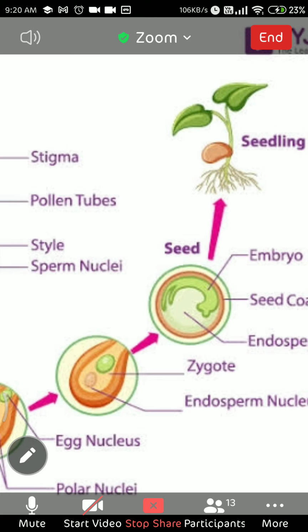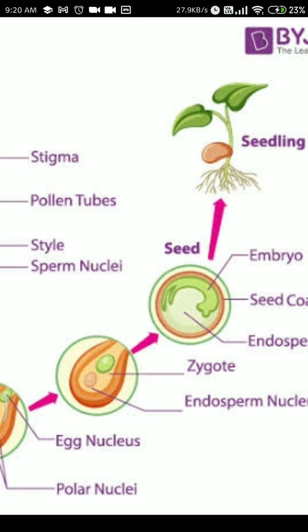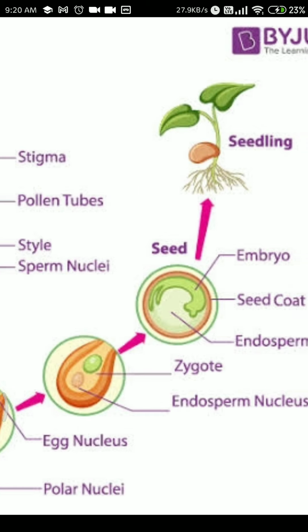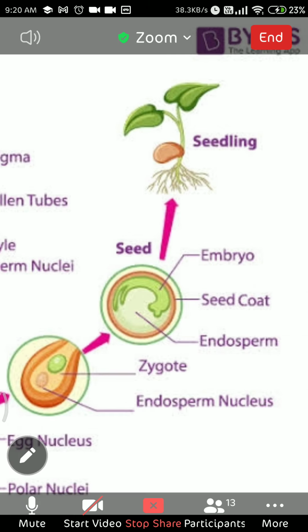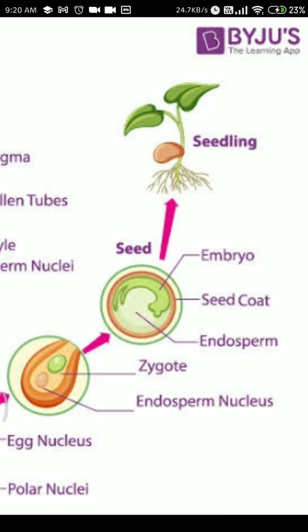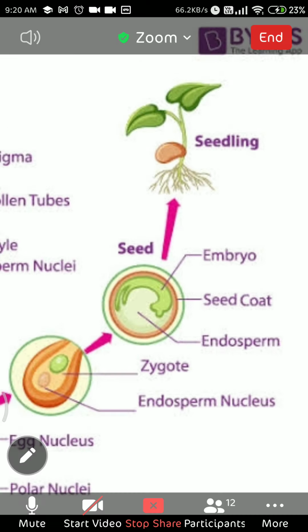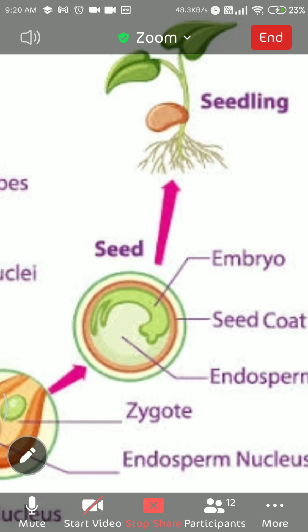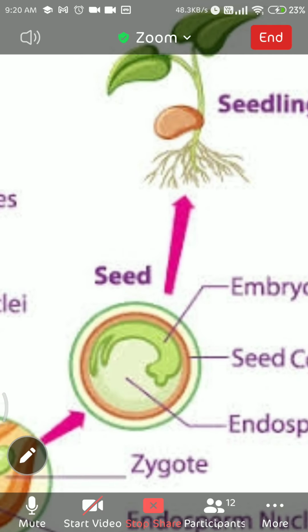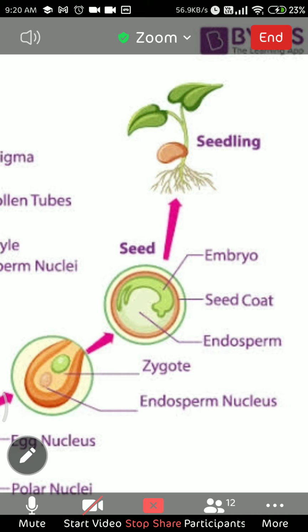The one fused with the polar nuclei is actually the endosperm, the nutritive tissue of the seed. Later this embryo divides and redivides to give a multicellular structure, the embryo here.